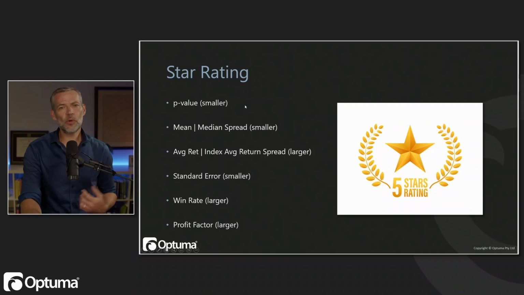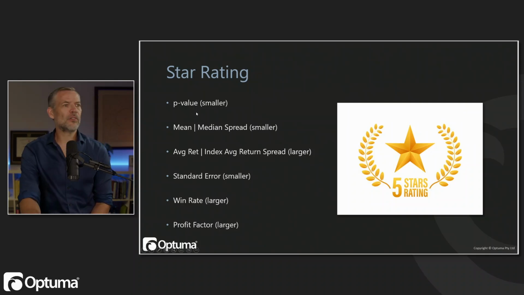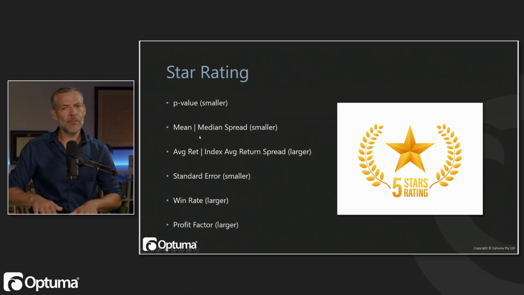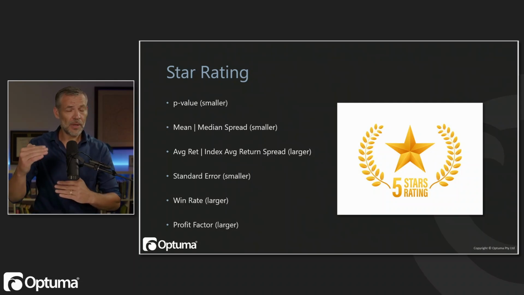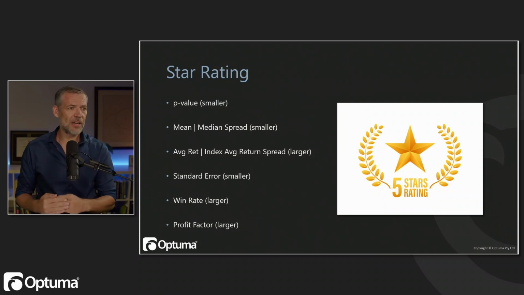So the inputs into the Optuma quant rating that we're developing is p-value, obviously smaller the better, like we've talked about. The spread between the mean and the median, because if I have a lot of outliers, then I can really pull my mean average up, but my median average may be down. And so if I start getting a big spread between those two, I need to be really careful of that. And so we want a small value of that, and that gives us a good score for our star rating.